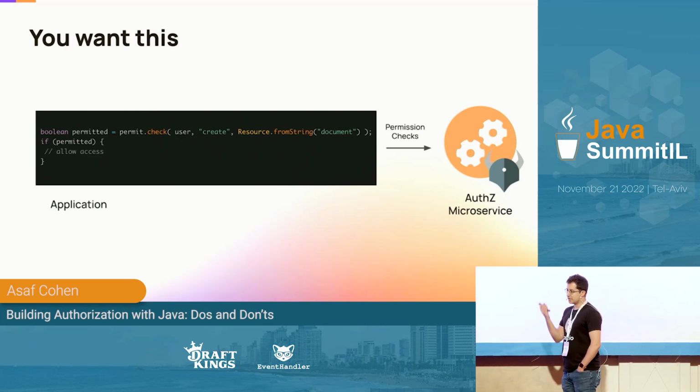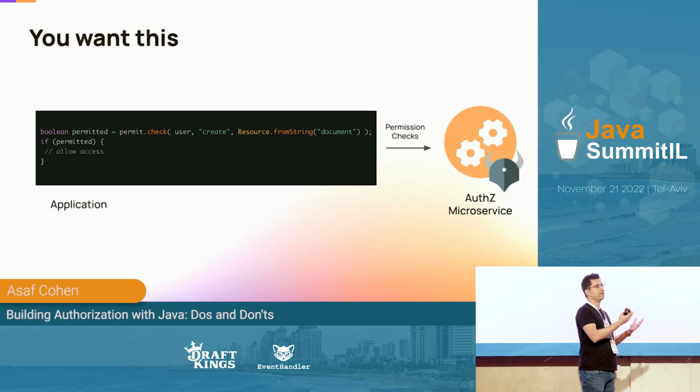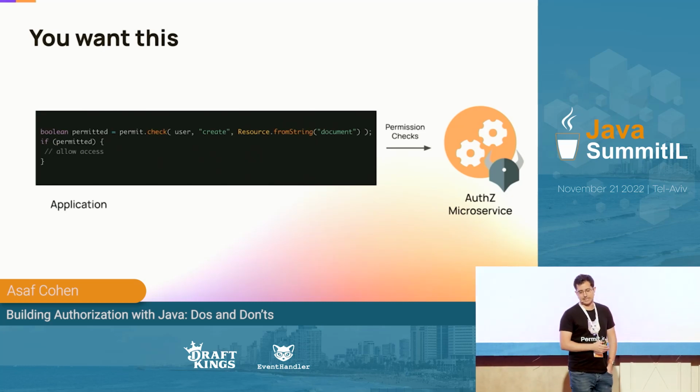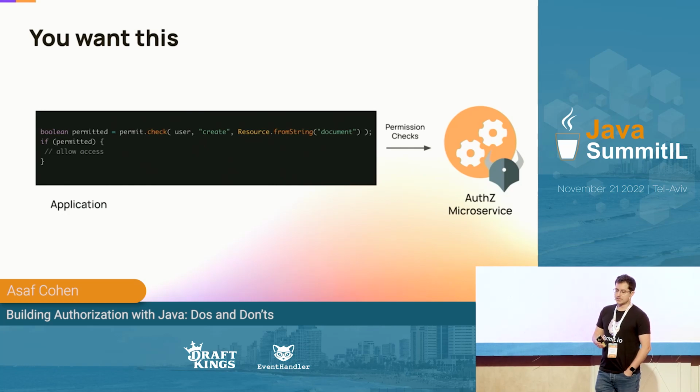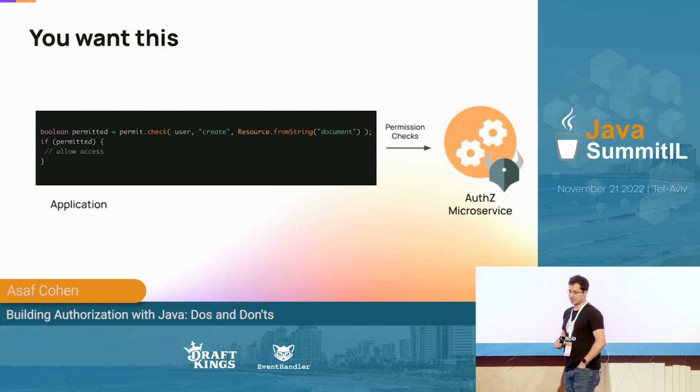Notice that in this example, there are no roles. There are no attributes. It doesn't concern the developer that's trying to do the access, right? It's just declarative. That's what I'm trying to do, and let the authorization system deal with that. So that's the best practice. If you have this, you typically just need a very lean SDK with all your microservices, and you have to implement this in one place.